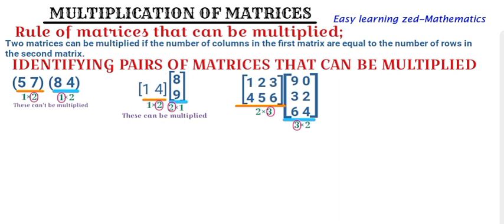As you can see, the first matrix has 3 columns and the second matrix has 3 rows. The number of columns in the first matrix is equal to the number of rows in the second matrix. Therefore, these two matrices can be multiplied.